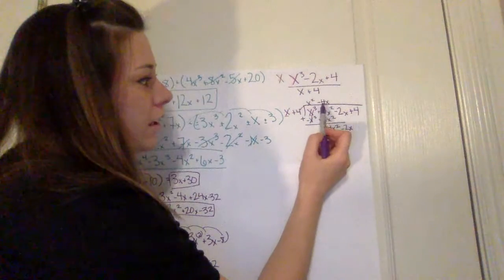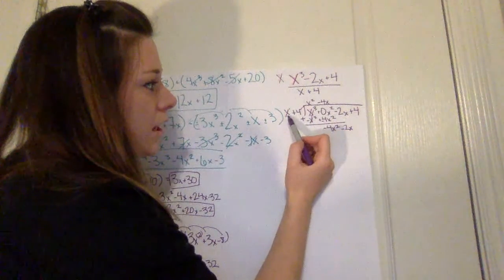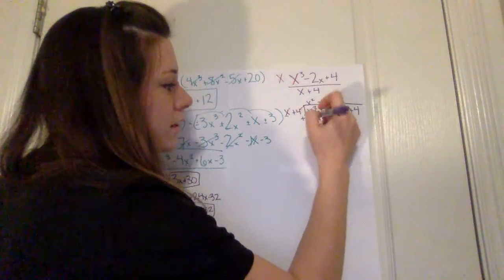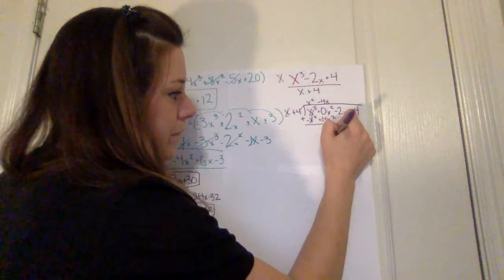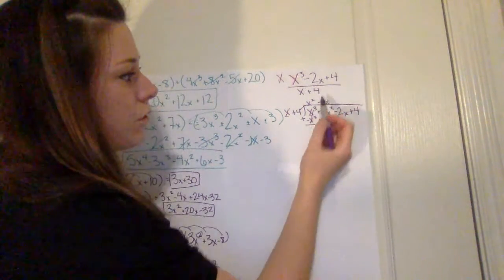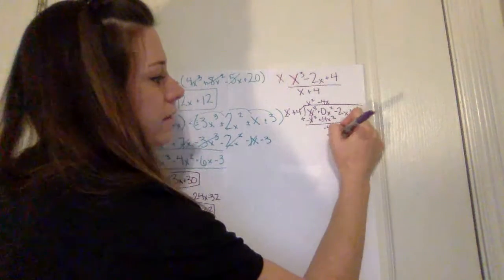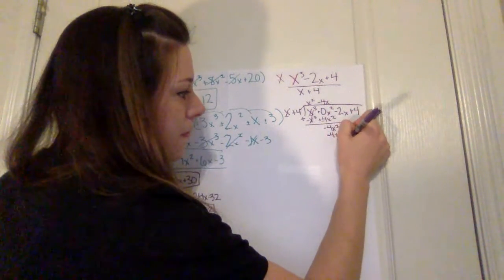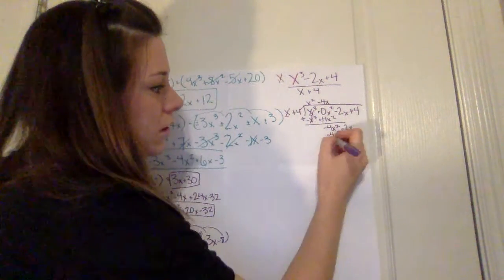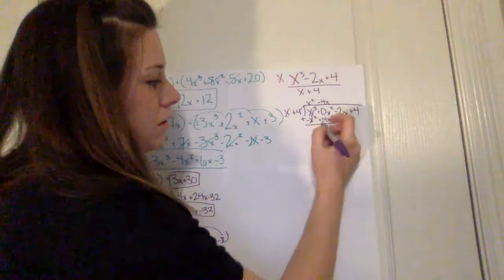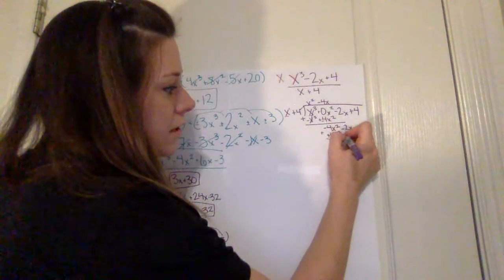So now if you do negative 4x times x, that's going to be negative 4x cubed. And then if you do negative 4x times 4, that's negative 16x. So then we're going to add these and change the signs on them.